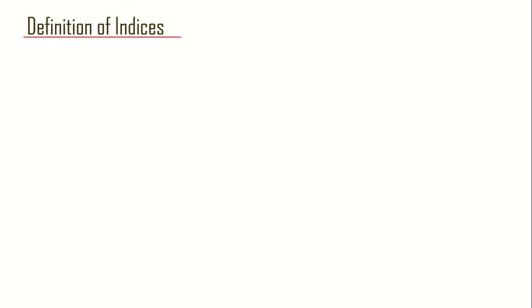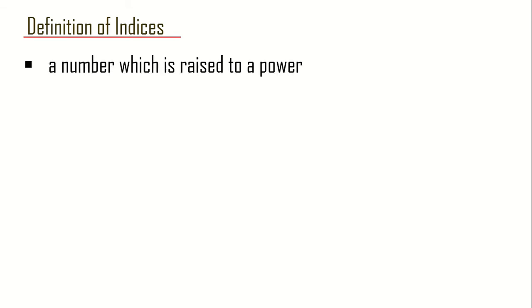Okay, now we will look at the definition of indices. So basically, indices is a number a which is raised to a power n. So we have here a to the power of n, where a is called the base.